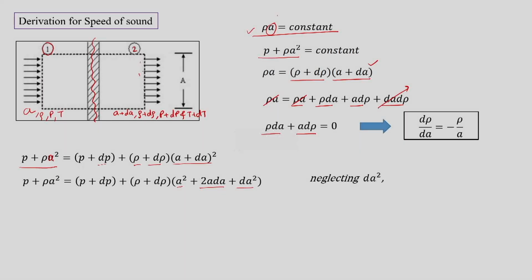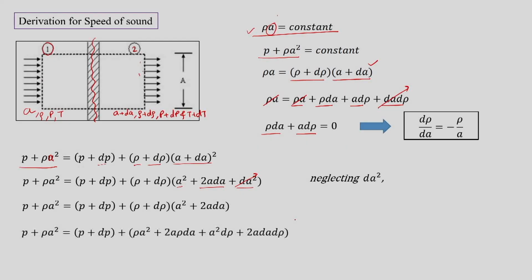Now, as we neglected earlier, dA itself is a small quantity, so dA square will be further small. So let us neglect that, and then we can write down the same expression without dA square.